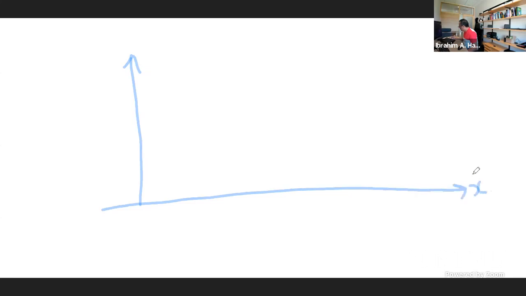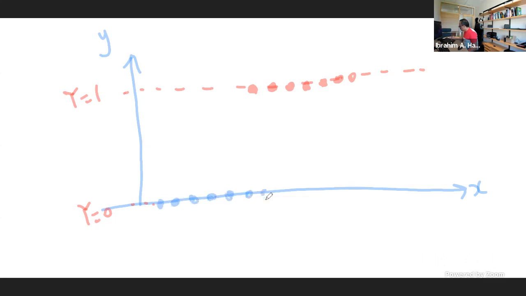This one is x1 or x, and y, right? And we have two classes. Here y equal 0 and here y equal 1. And I have some data points. I have data points here, which are classified as 1, right? And I have other data points here, which are classified as 0.